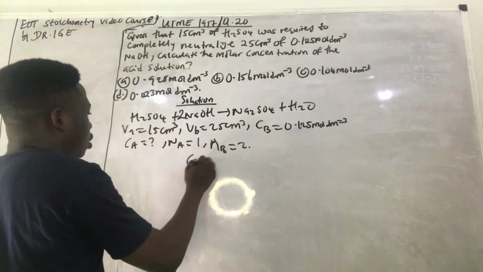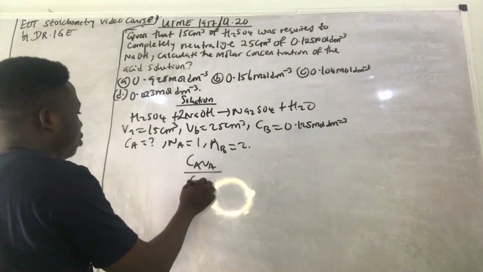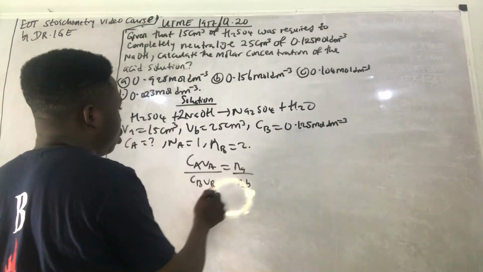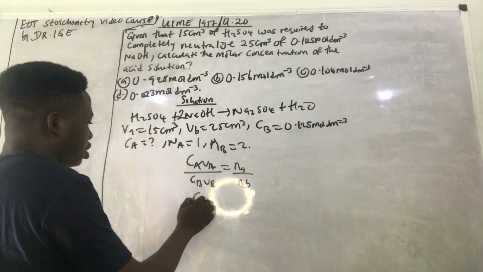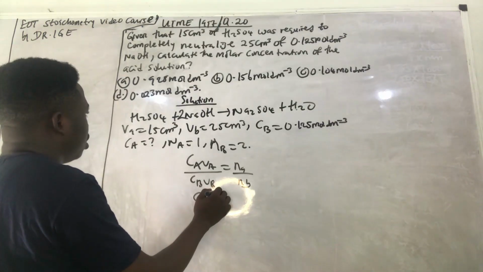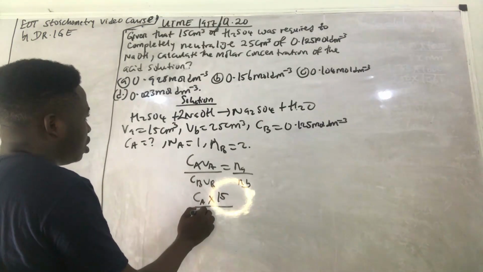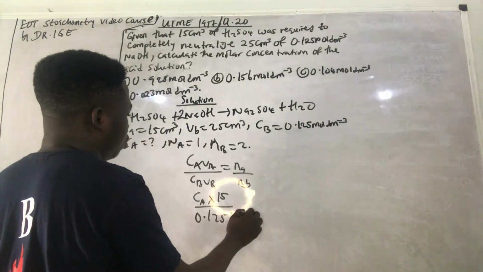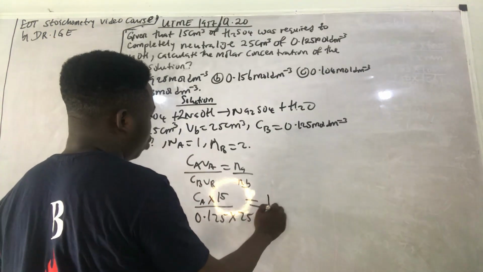So CA VA over CB VB equals NA over NB. We are looking for CA, so it's CA times VA, which is 15, over CB, 0.125, times VB, 25, equals NA over NB, which is 1 over 2.